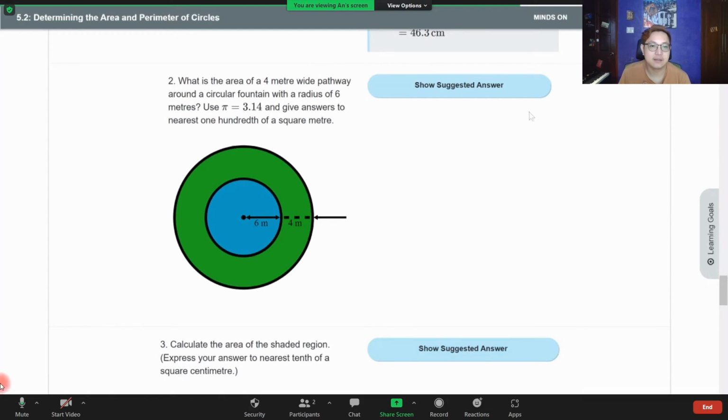Okay, so basically take the area of the bigger circle, which has a 10-meter radius, isn't it? Yeah, 10. Okay, 10-meter radius, you can get the area of the bigger one, and then you find the area of the smaller, the blue circle, which has a radius of 6, and then you take the bigger one minus the smaller circle, you will get the green area.